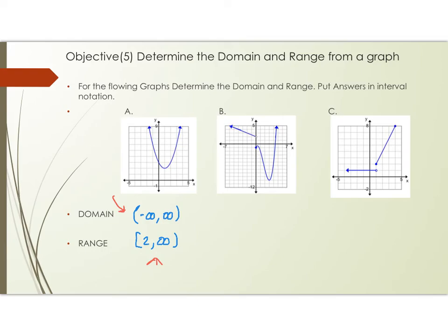So let's look at B. Here we have kind of a parabola situation, but then we have a line going off in a different direction. It is a function because the vertical line test works in every single case. So in this case, the domain still seems to be all real numbers.